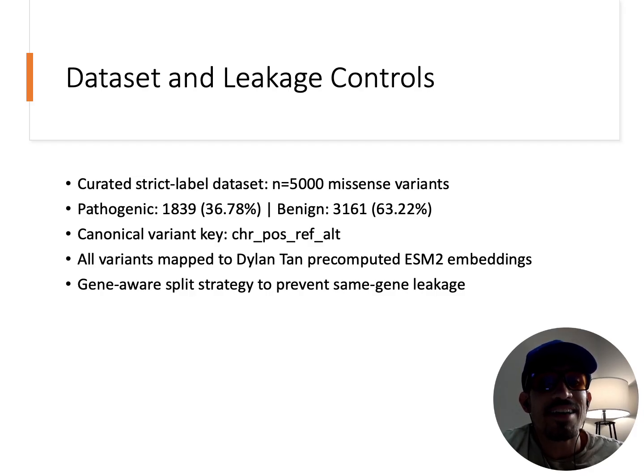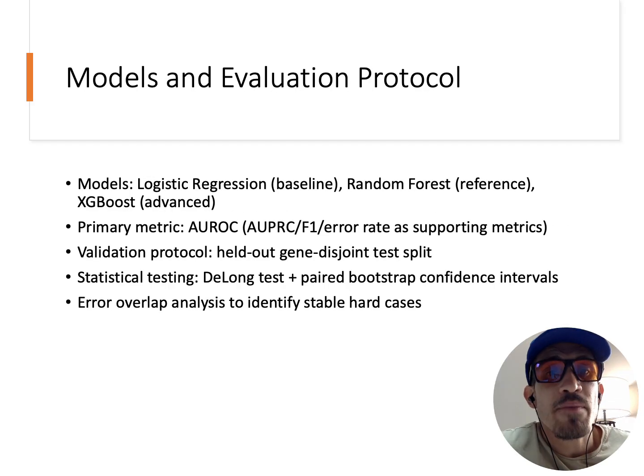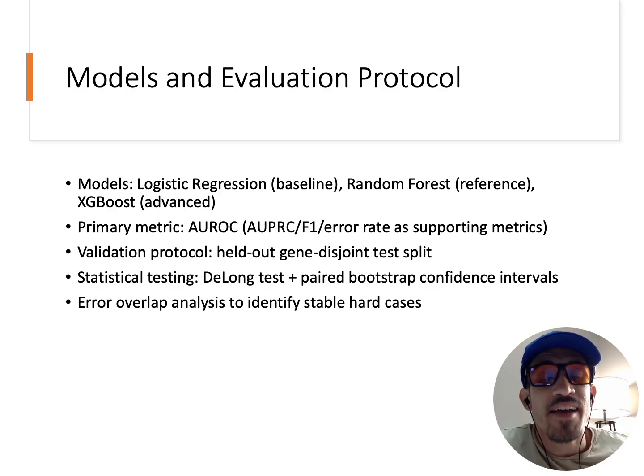A major design decision was gene-disjoint splitting to reduce leakage from same-gene overlap across train and test. I implemented three model families: logistic regression as a linear baseline, random forest as the practical reference model, and XGBoost with Bayesian tuning as an advanced comparison.